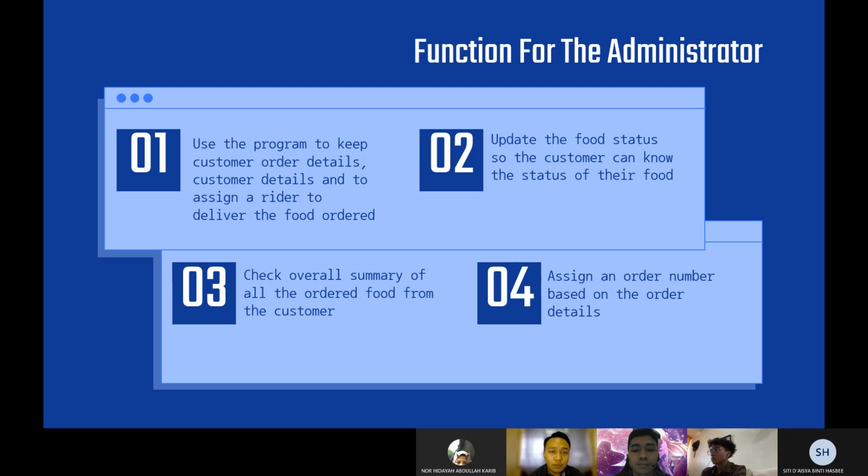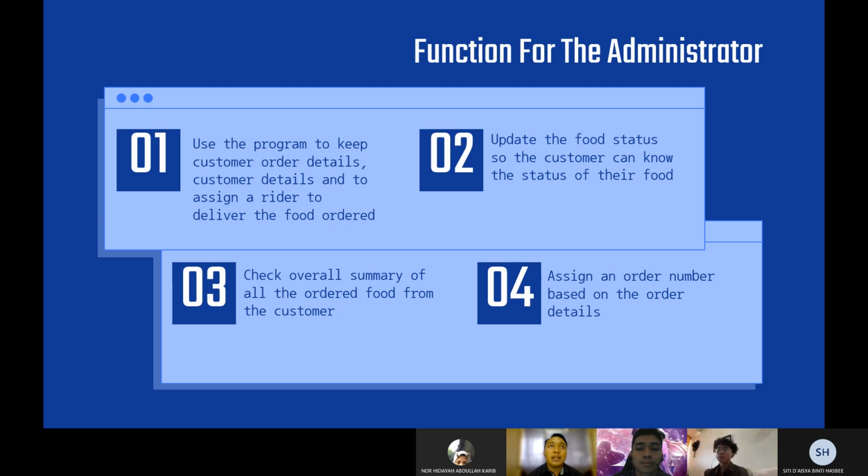And then we go for the third one, which is to check the overall summary of all the ordered food from the customers. As we know, this program will receive lots of inputs and will also provide lots of outputs. So the admin will get the summary of all the ordered food from all the customers.